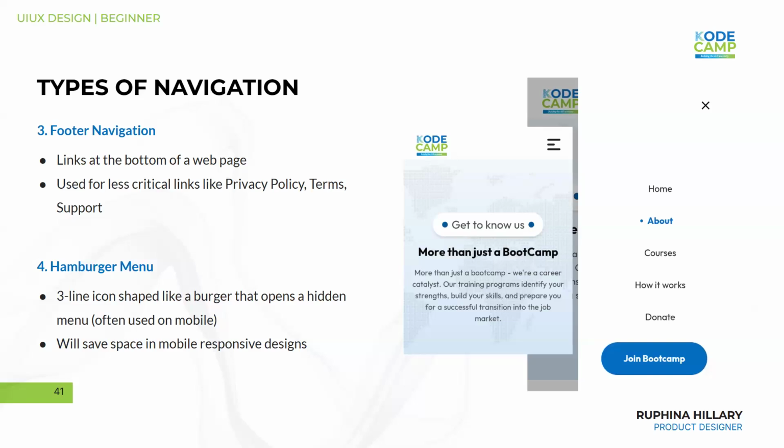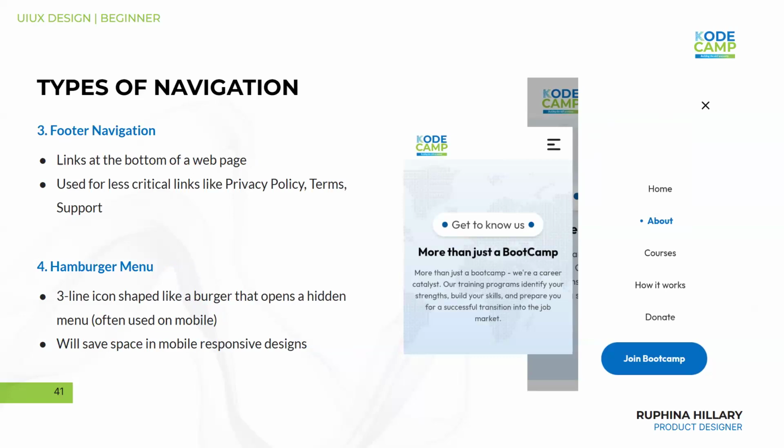While the top one is used for important links, the bottom one is used for things that would not really appeal to most users. It's not everybody that would be interested in reading your privacy policy or your terms and conditions.